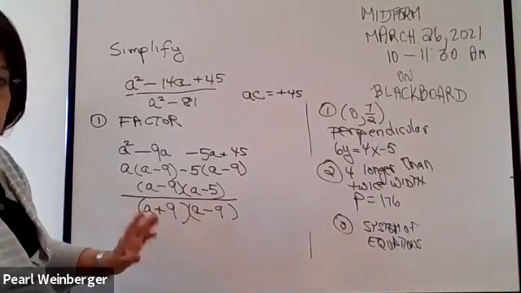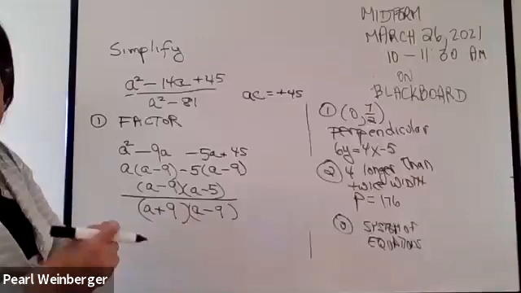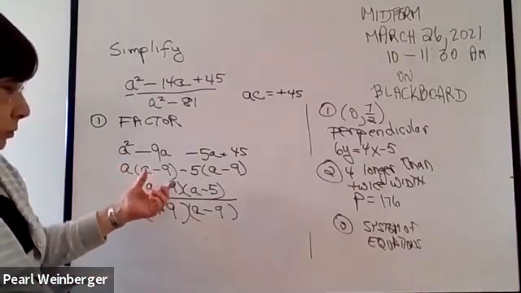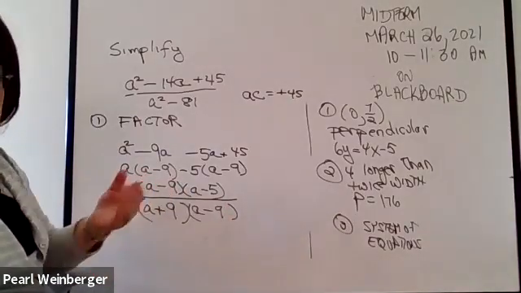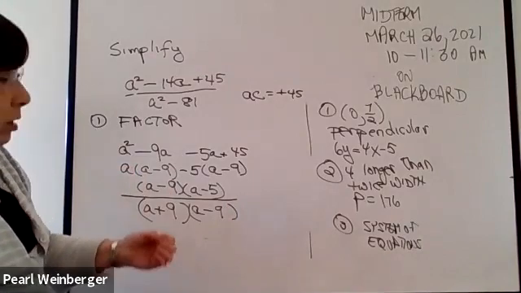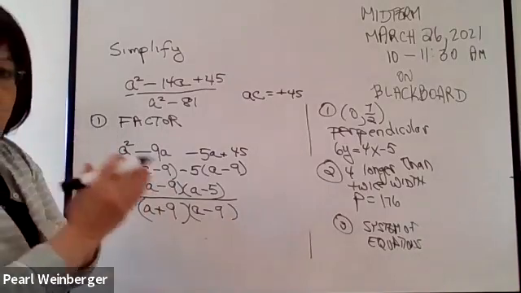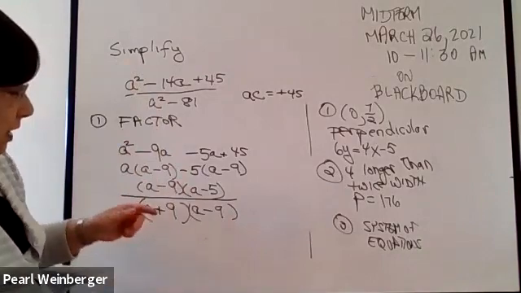Once we have everything totally factored, then we look to see if there's anything that we can cancel out. When it comes to binomials, or any polynomial, but we're really mostly going to be dealing with binomials, you can only cross out a whole factor, which means a whole parentheses, a whole unit.